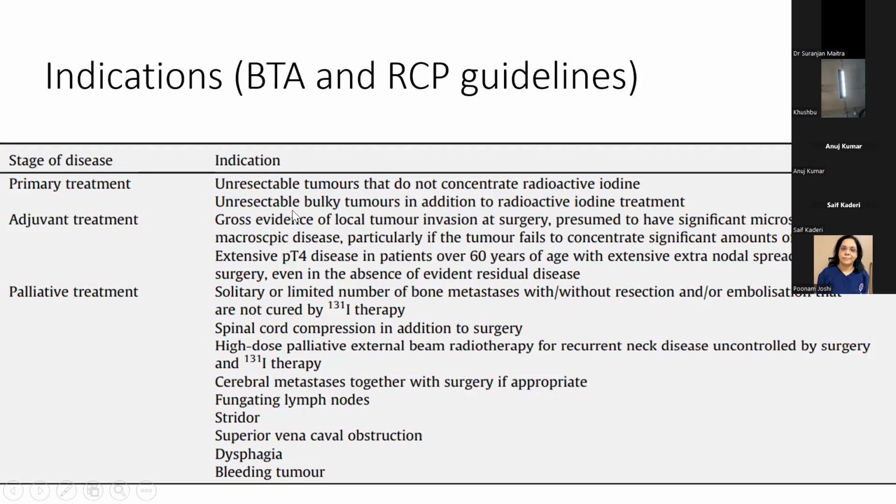And in adjuvant treatment, we have gross evidence of local tumor invasion, like macroscopic or microscopic residual disease, failure to concentrate radioactive iodine, extensive T4 disease, patients over 60 years of age, another very important prognostic factor, and extensive extranodal spread after optimal surgery, even in the absence of residual disease. So these are some of the indications that are used while we decide treatment for thyroid cancers.